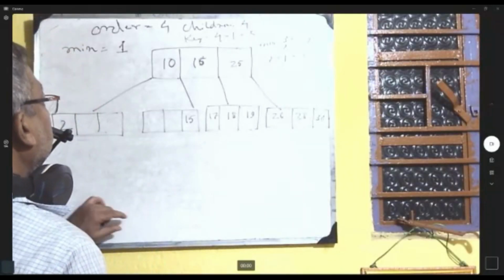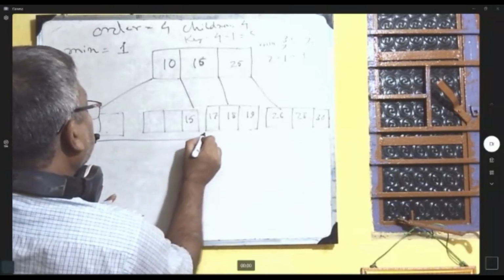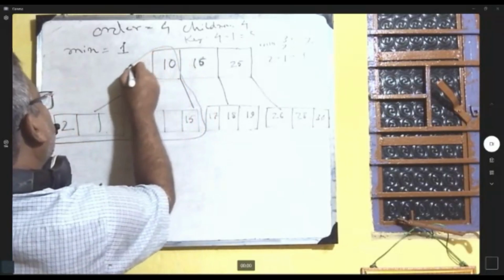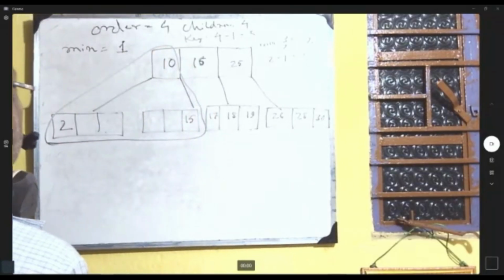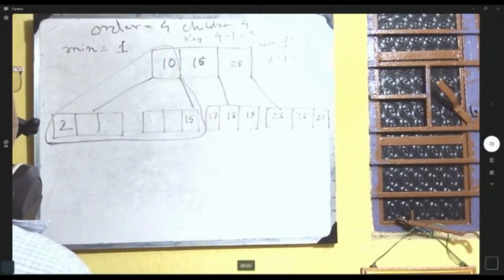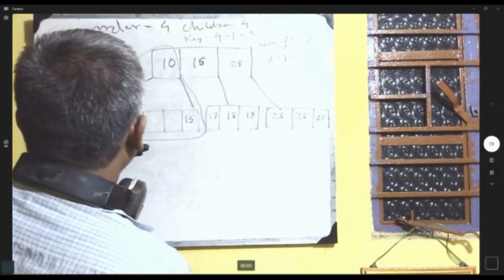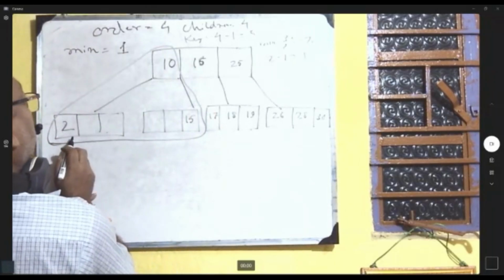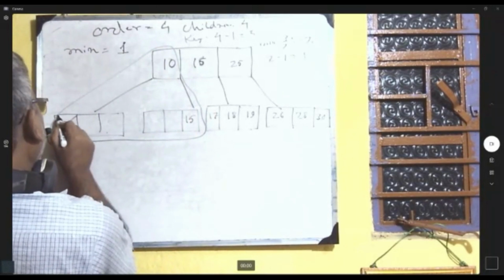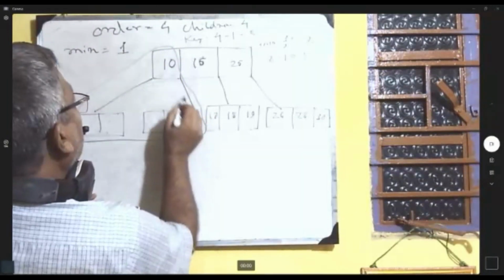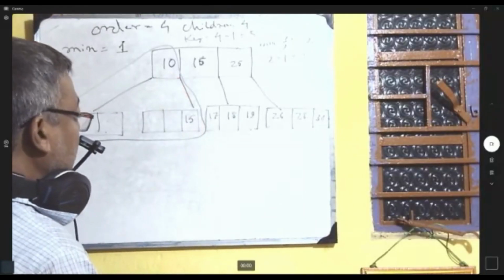I have to merge the keys: the leftmost key, the rightmost key, and also the parent key. These 3 keys will be merged, and after merging we can delete the key 2. But the merging of 10, 15 is required for deletion of 2.